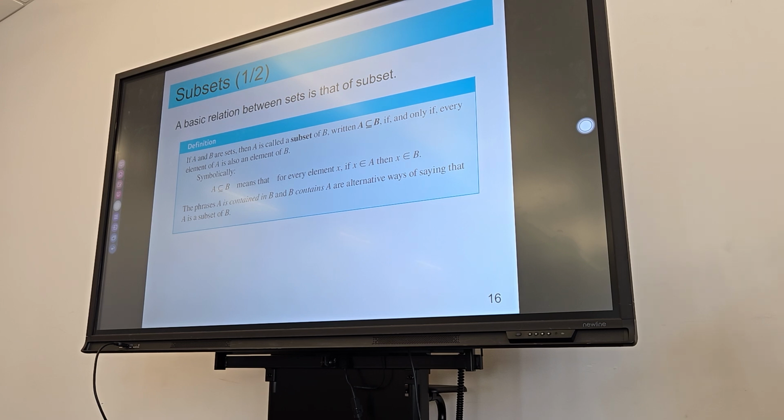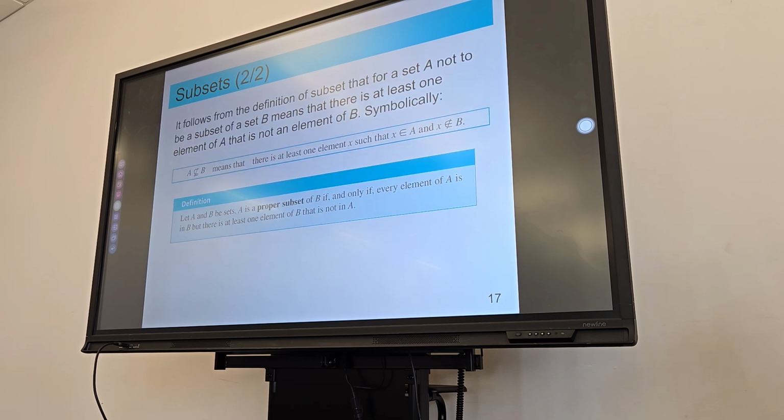If A and B are sets, then A is called a subset of B, written with this symbol, if and only if every element of A is also an element of B. So that means for every element X, if X is an element of A, then X is an element of B. The phrases "is contained in" or "contains" are other ways of saying the same thing. A is a subset of B. Okay.